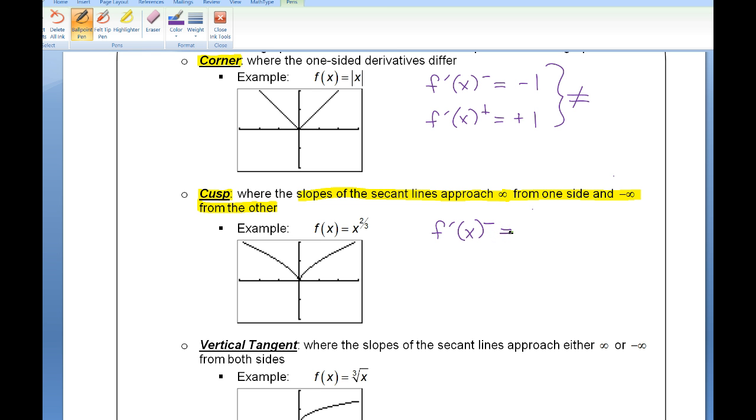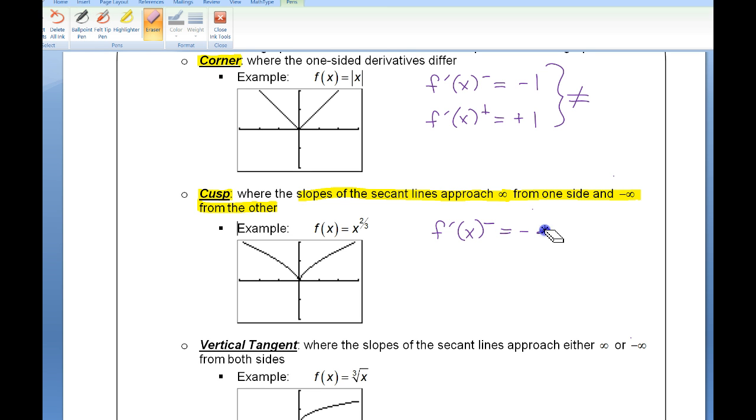Imagine your tangent line, it's following the curve. And what happens to, not the actual value, but the slope of this? This is a negative slope, so it's approaching negative infinity. Well, this is how it's defined.